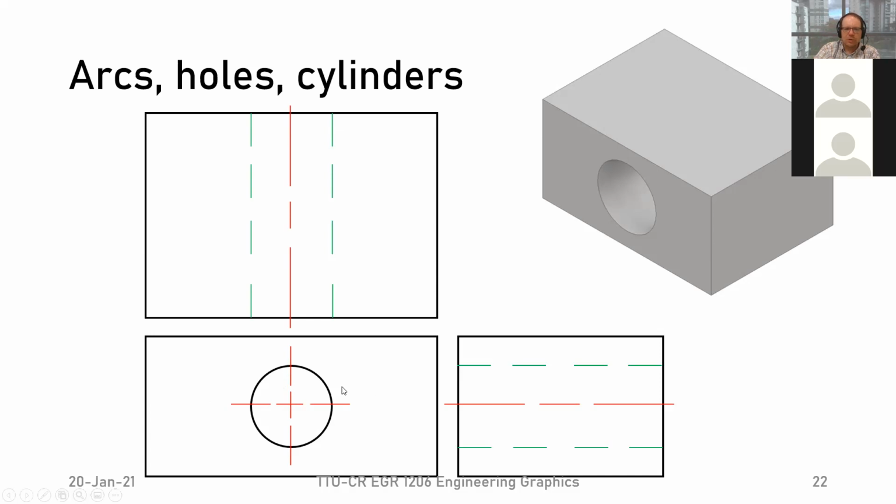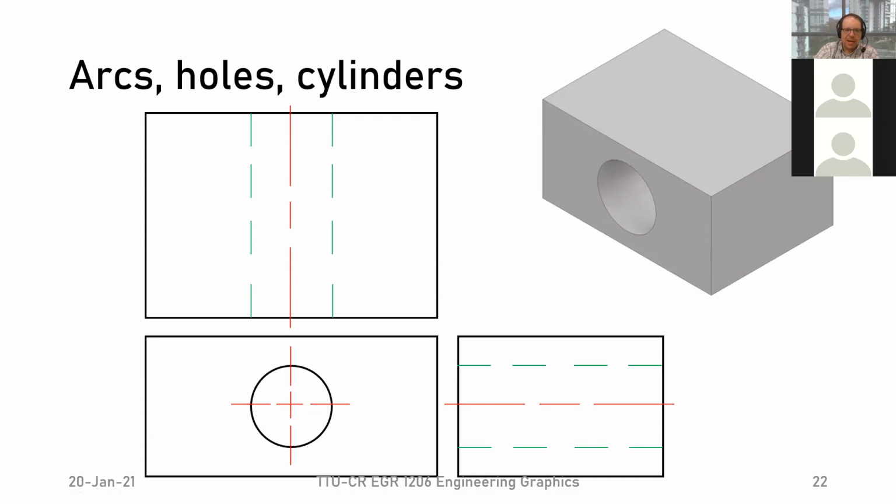If we see the full circle, then we'll always have these two center lines. Even if we see just an arc, we still would have them. If this were just a half circle, we'd still do a center line for that half circle. And of course, those two lines meet exactly where the center of that circle is. That's why we call them center lines.